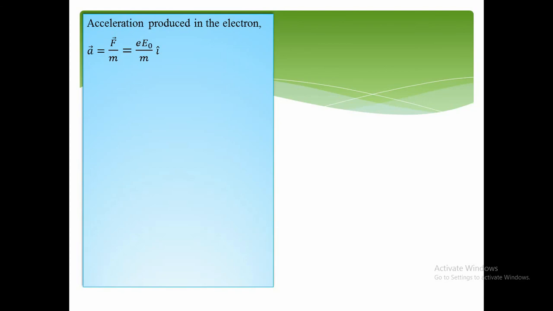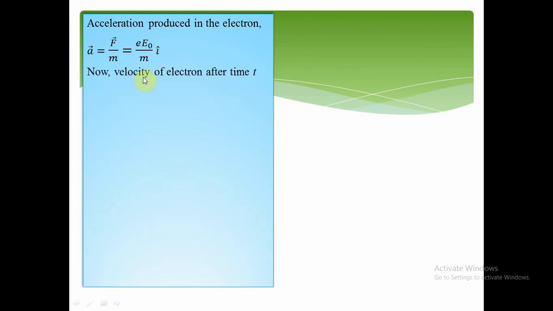The force we have already calculated previously. Substitute that value into this equation. After the simplification we get a equal to e E naught divided by m into i cap.